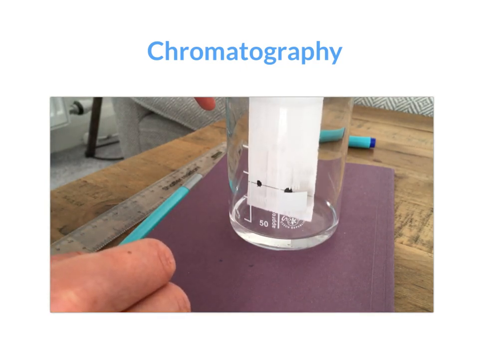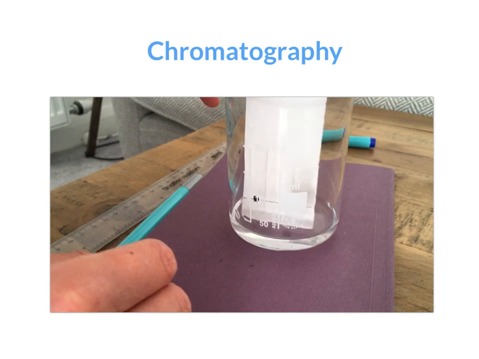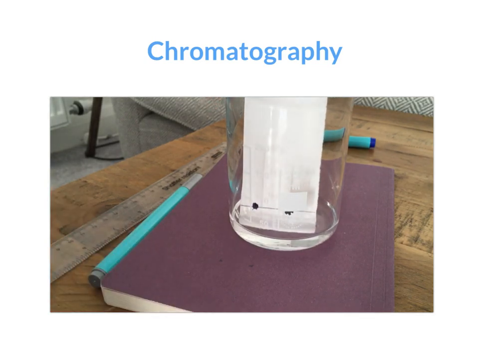So all we need to do is have the water below the baseline, but make sure that it's reaching the chromatography paper, and you can see that it does here.